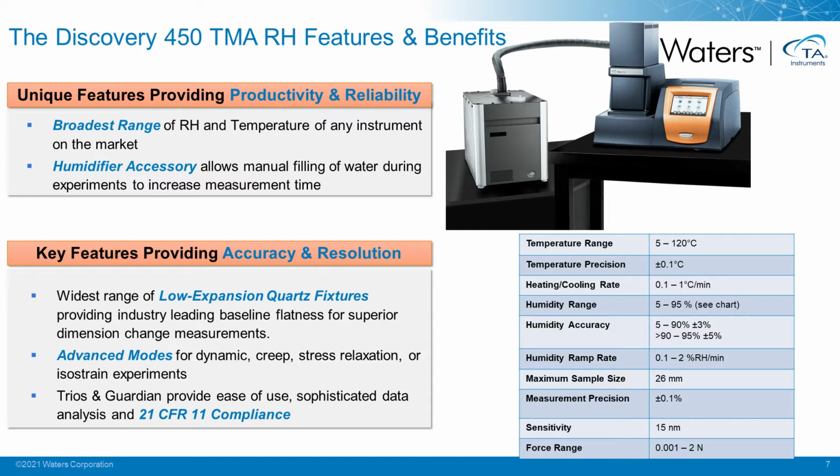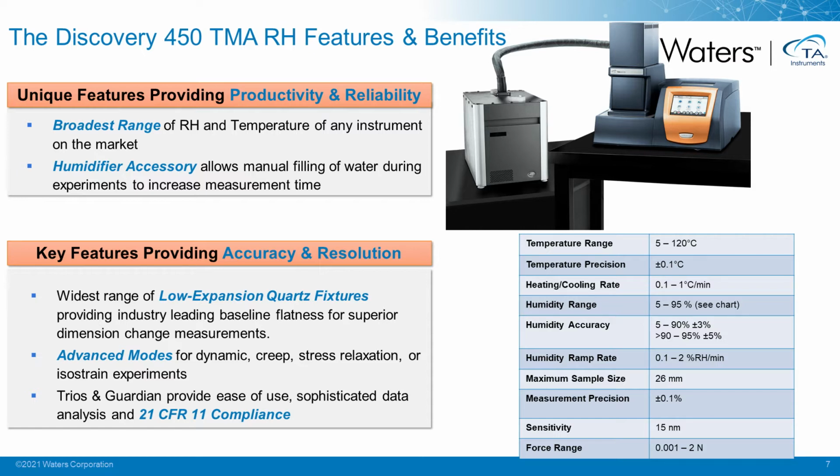The humidity accessory, again, the box that's shown connected to the instrument through the transfer line, also allows for manual filling, so it has a reservoir, just as we spoke about with the Discovery SA, which allows for manual filling, again, for extended experiments. Experiments here are also very long, just like they are with the Discovery SA.